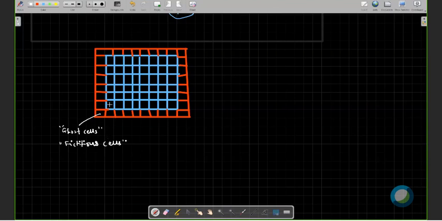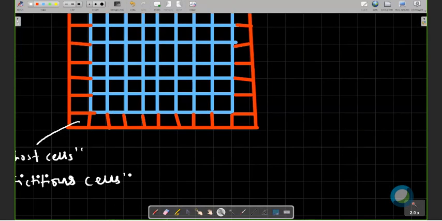And these are interior cells. So all these have cell centers. We are using the concept of cell center rather than a node, which we used to consider in previous classes. We are switching to a cell center kind of concept.